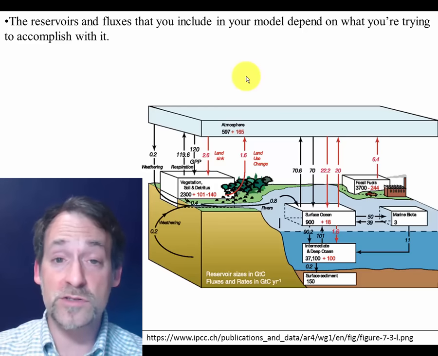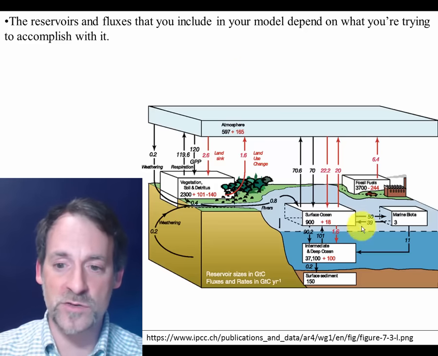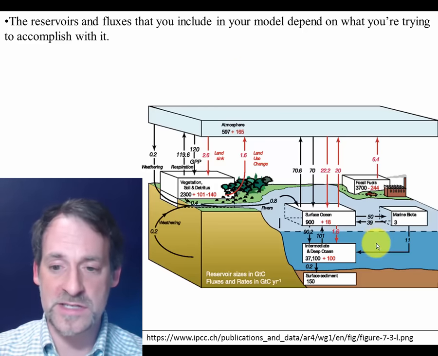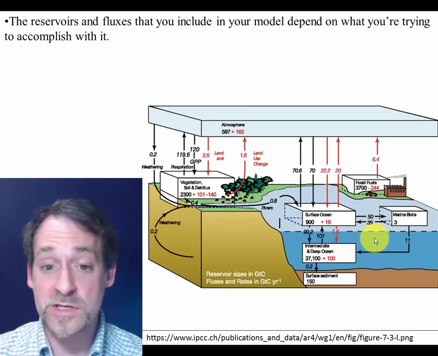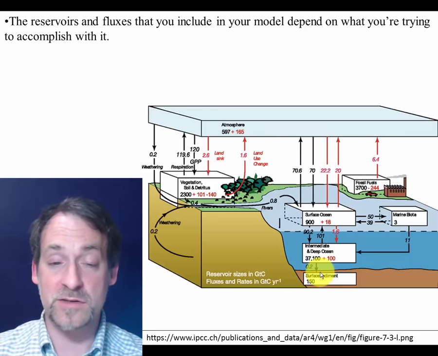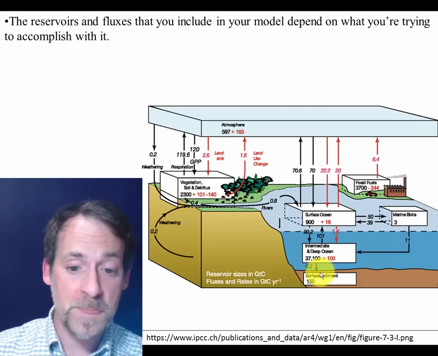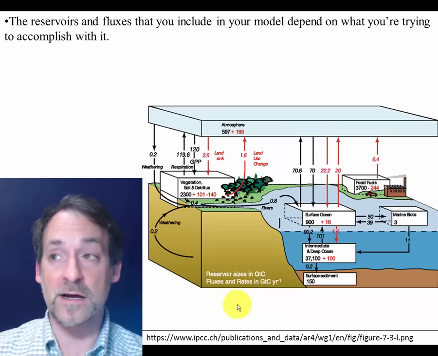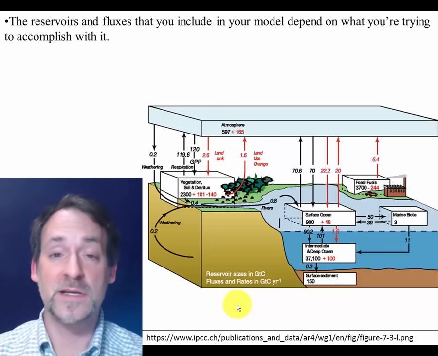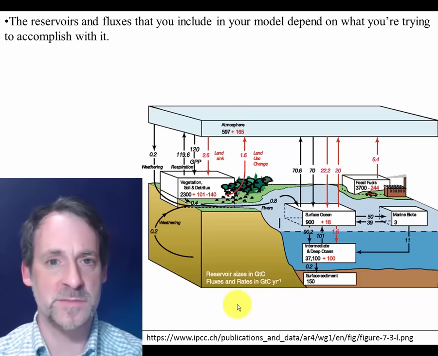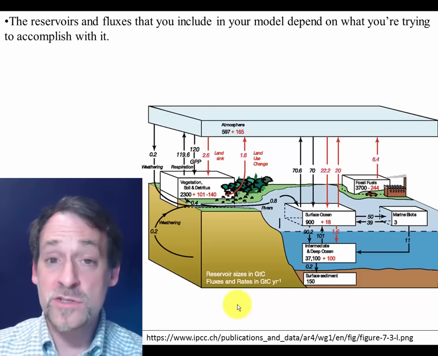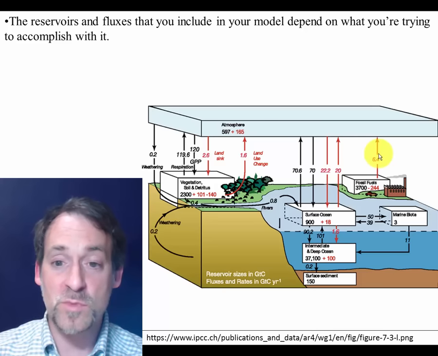If you're talking to a more sophisticated audience and you want to get into important details like the difference between shallow water and deep water for carbon storage, you would build a carbon cycle diagram that looks like this. If you were actually a climate modeler and you really needed to know exactly how much carbon dioxide there was going to be in the atmosphere in 100 years, you would use a model that's much, much more complicated.